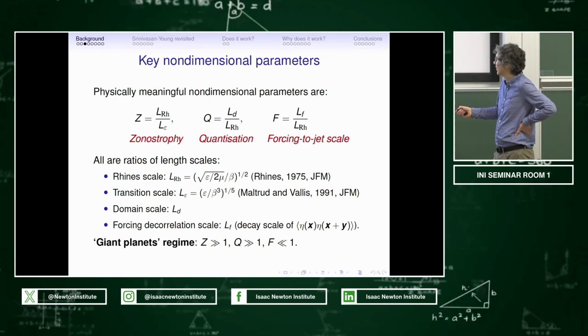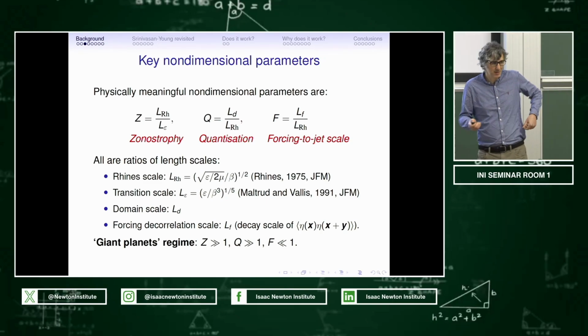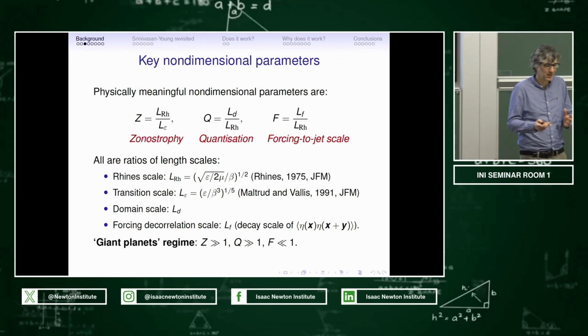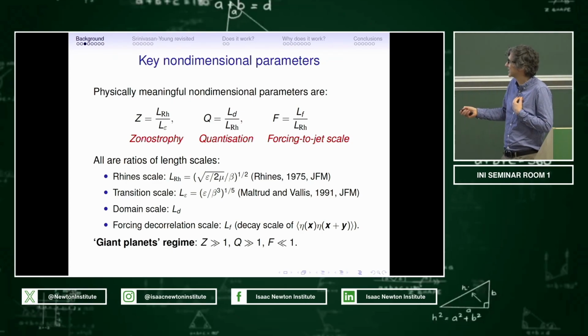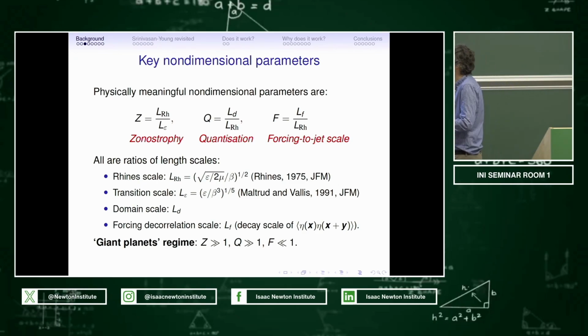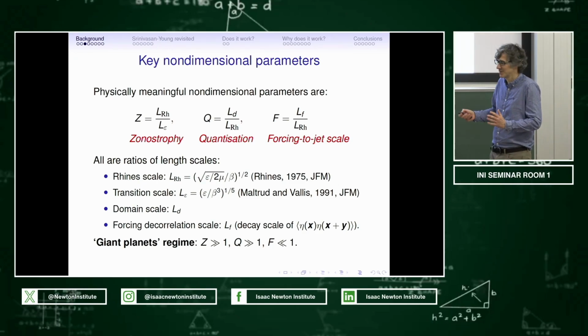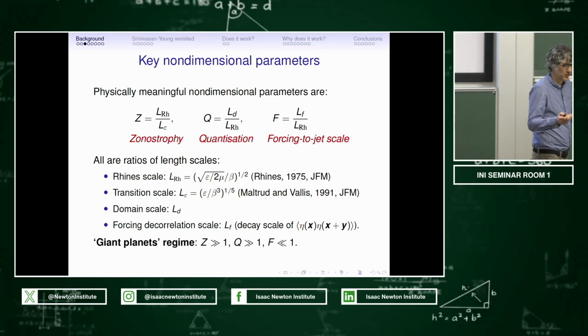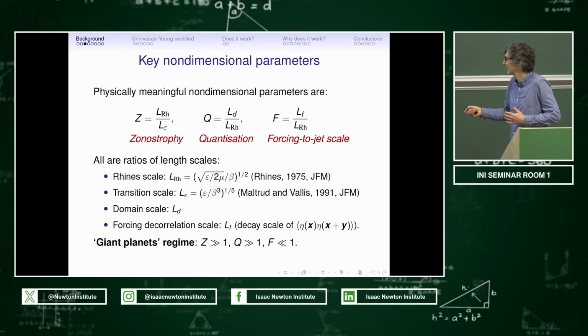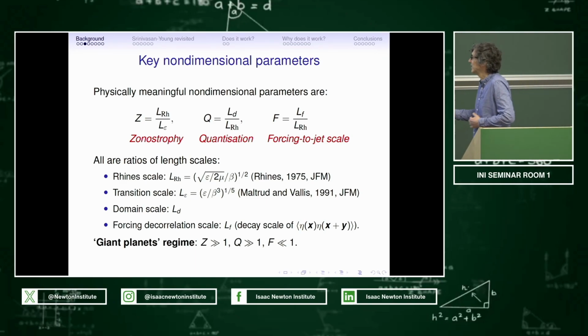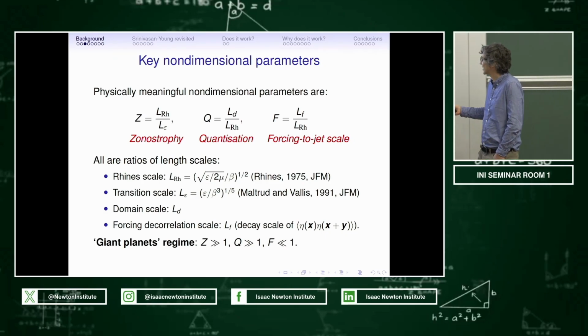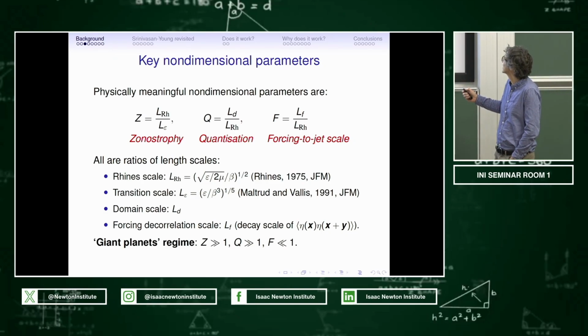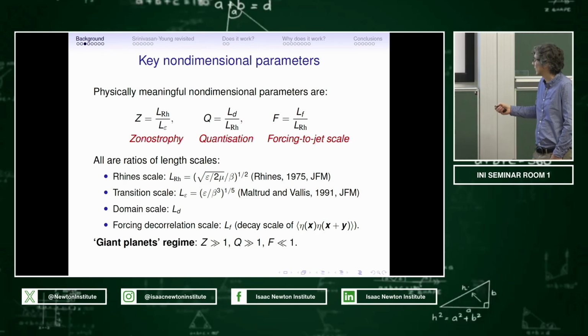There's another parameter, Z, that controls how jet-like the flow is, and as you increase Z, the equilibrated state in this model turns out to be more and more zonal. In other words, you get jets which are more and more parallel as Z increases. And then the other parameter we're going to consider is the ratio of the forcing scale to the jet scale, which we're calling F.